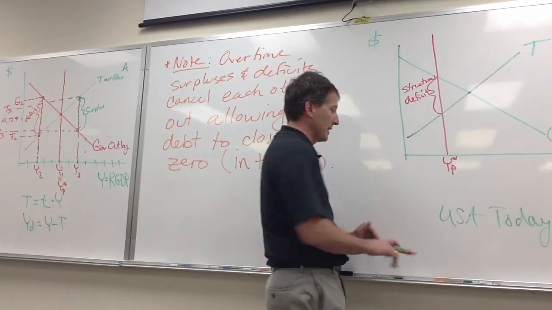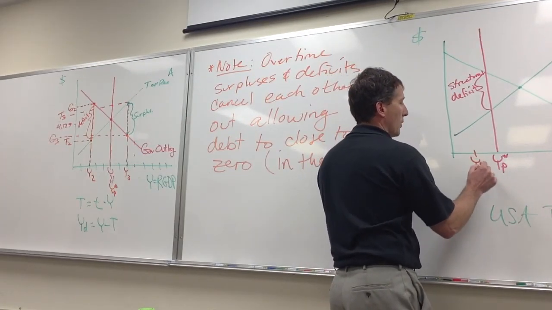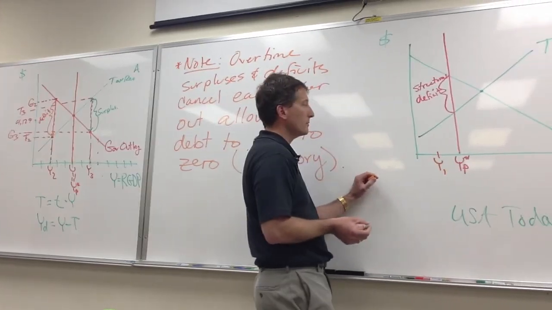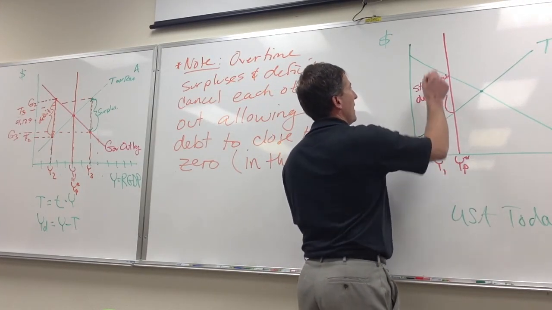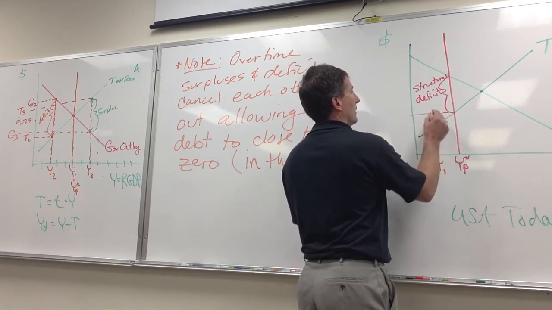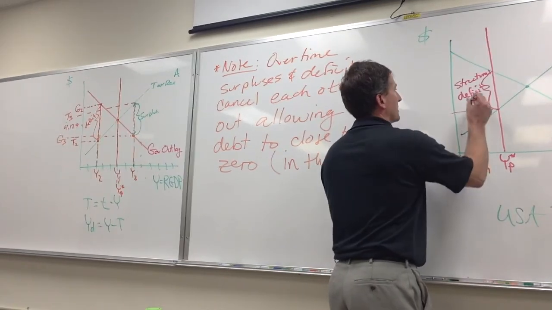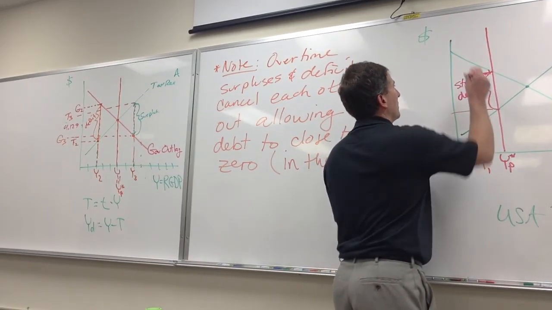Now, what happens when we go through the oscillations here, right? When we go through the ups and the downs of the economy, well, when the economy slumps down to Y1, we have a deficit, but now it's composed of a couple parts. Notice that we've got the structural part and we've got the cyclical part.